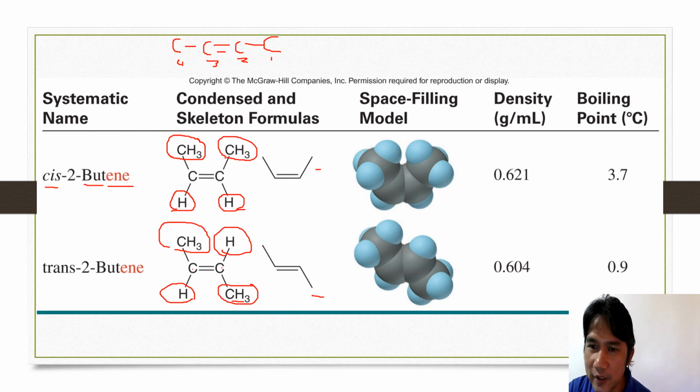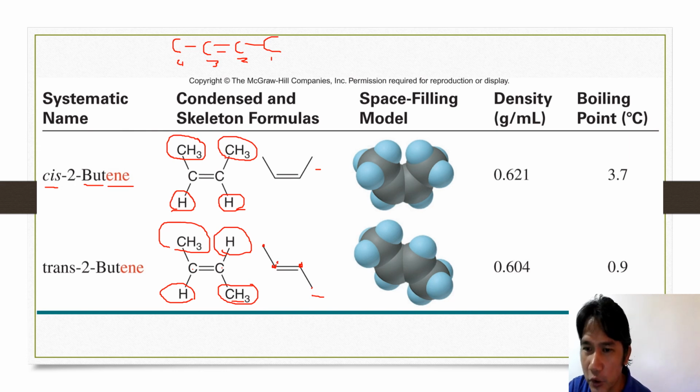This end corresponds to one carbon. The angle is also a carbon, this angle here corresponds to a carbon, and this end here also corresponds to a carbon. The double bond is in between the second and the third carbon.